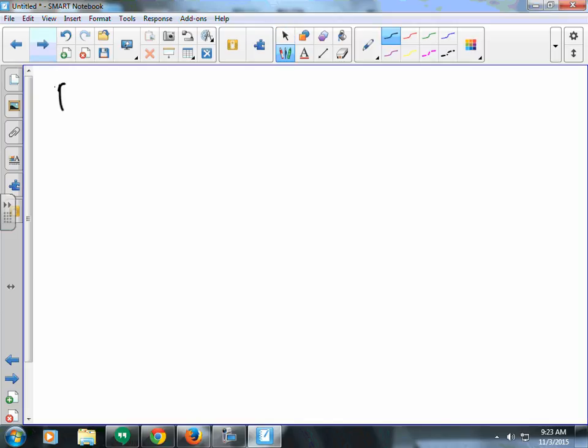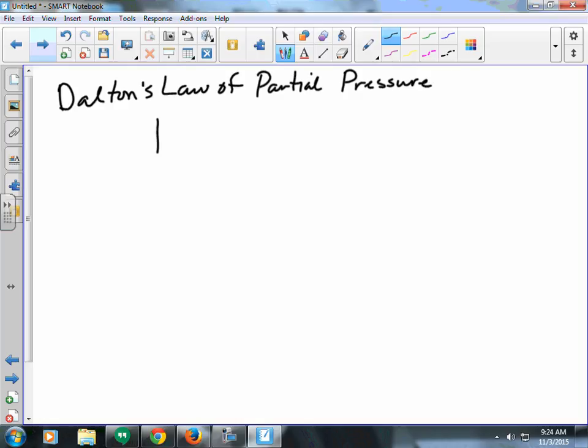Now, Dalton's law. Remember Dalton? John Dalton? What did he do? Atomic theory. He did a lot of experiments with gases, just like Boyle and Charles and Avogadro. Here's his law. The total pressure of a mixture of gases is simply the sum of the individual pressures of each gas.